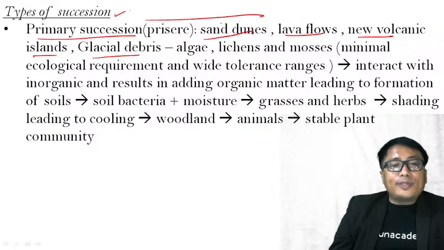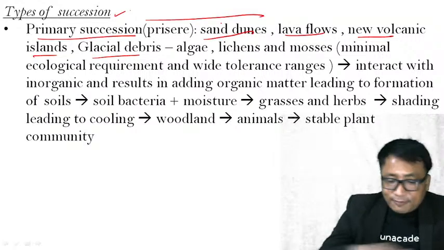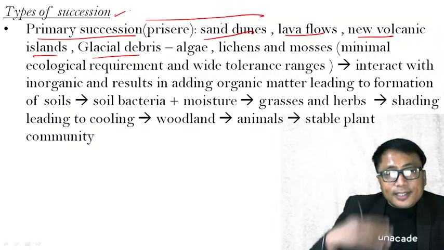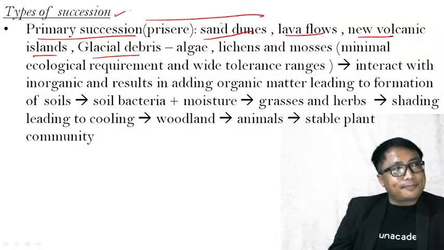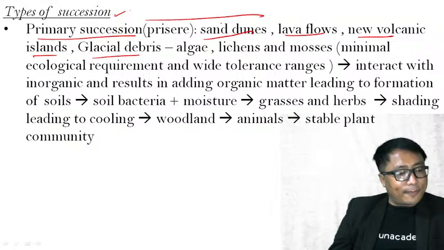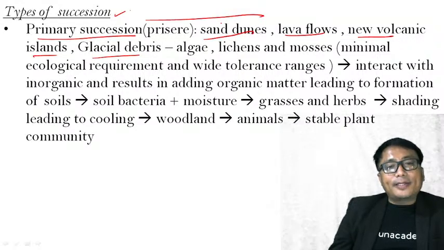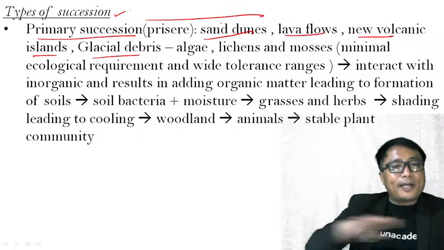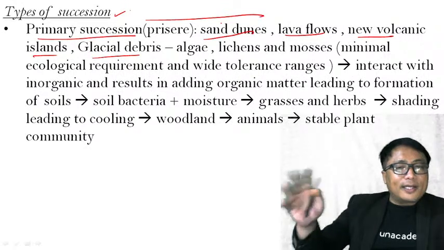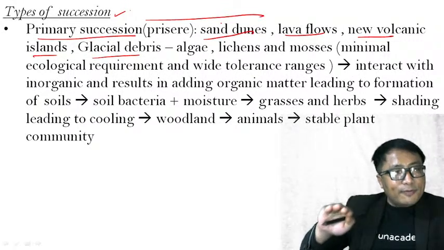They will interact with the inorganic surface area, resulting in adding organic matter, leading to the formation of soil. That is how the soil is formed. Now the soil bacteria plus moisture will give rise to grasses and herbs. Now you see here how it is succeeding. Earlier it was a barren area, then came algae and lichens, creating a type of soil.